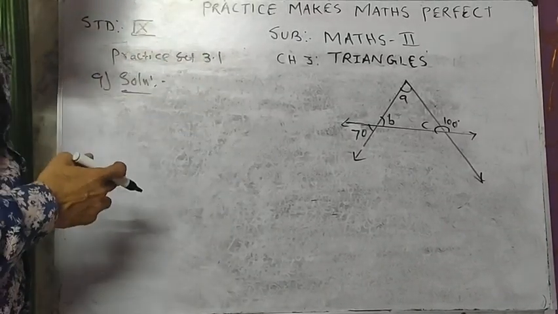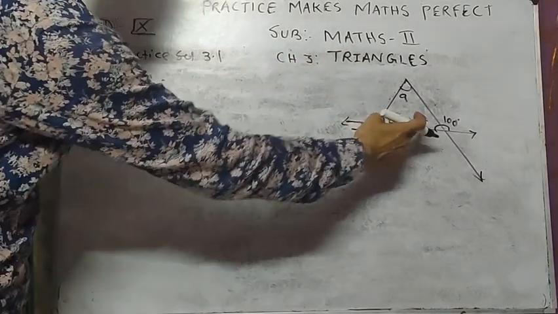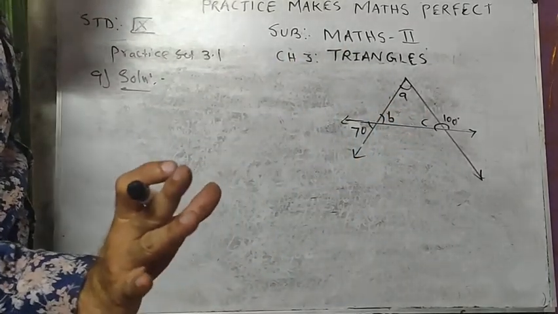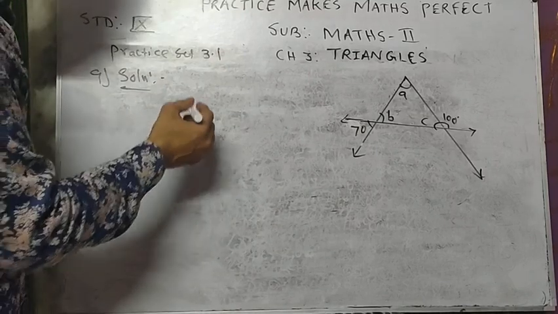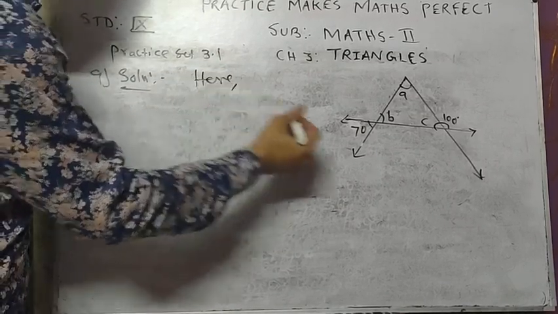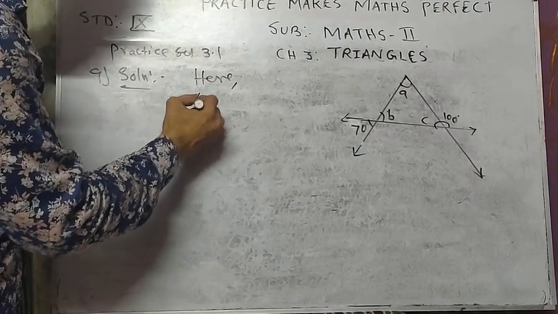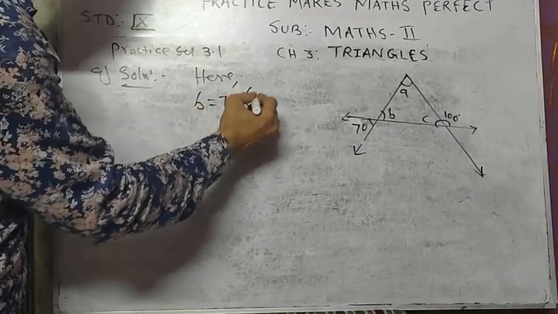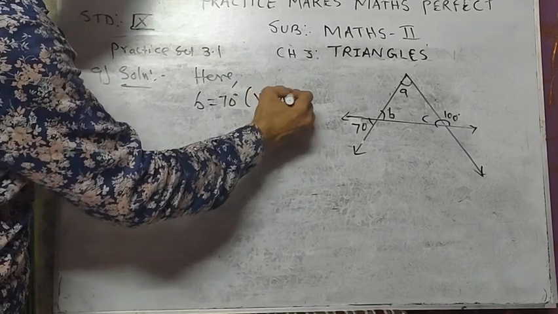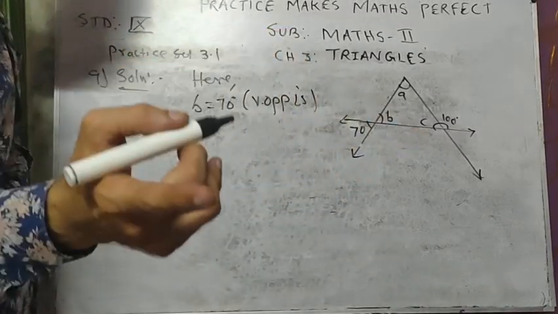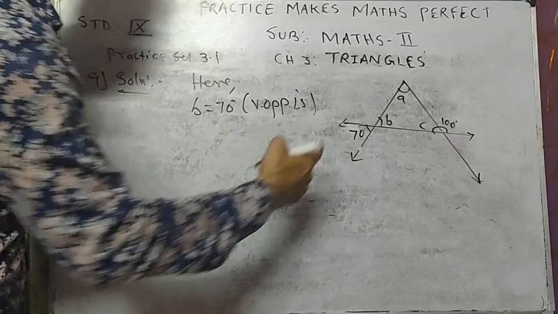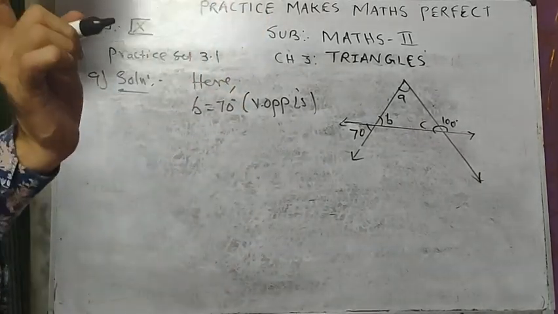Okay, now come to sum number 9, practice set 3.1. A diagram is given to you. You have to find the value of A, B, C. Very easy sum it is. Okay. So you can pay attention. Here, this B will be 70 degree. Why? Because you know vertically opposite angles are equal. So B you will get 70 directly. Okay.